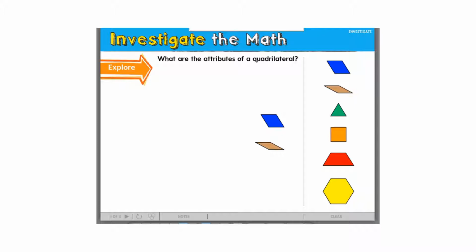All right, number 4 is a parallelogram. So just like it sounds, it has some parallel lines, right? So it kind of is like a rhombus in that it doesn't have to have right angles, but it's more like a rectangle shape. So you have opposite sides that are congruent and parallel in a parallelogram, not all 4.